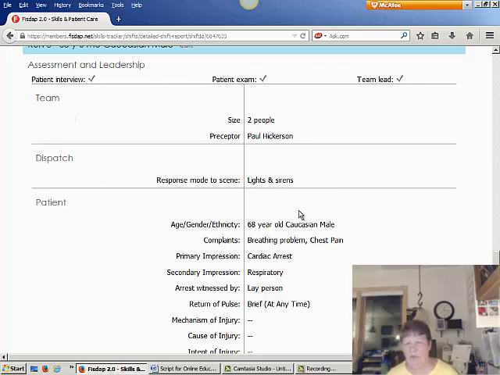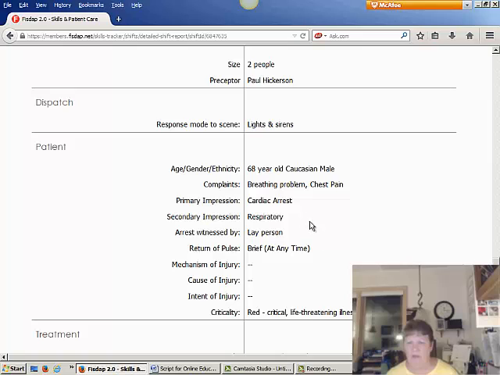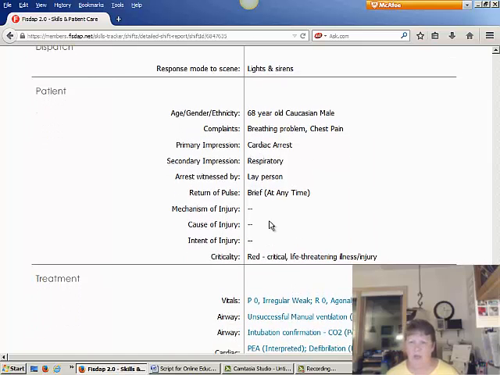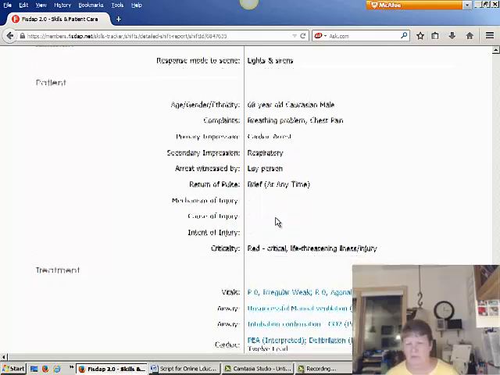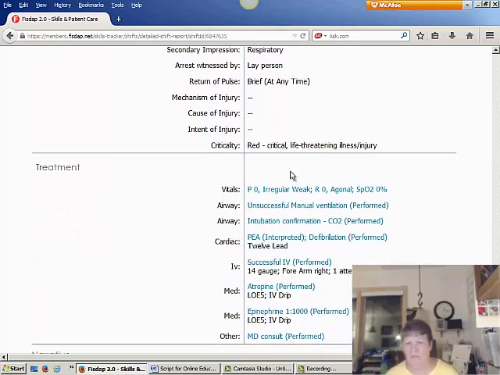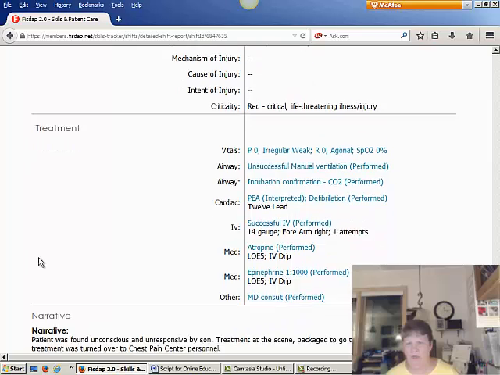There were 2 people, Paul and him, and they did dispatch with lights. This is a 68-year-old Caucasian male with breathing and chest pain, cardiac arrest, respiratory. Layperson witnessed it, as his son. There is a critical life-threatening illness.